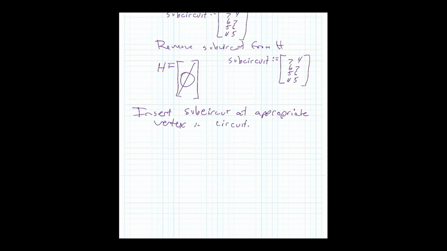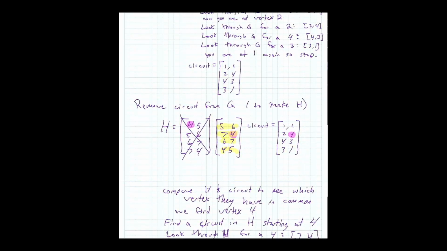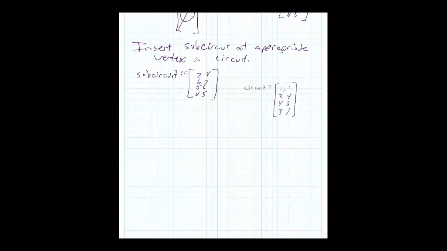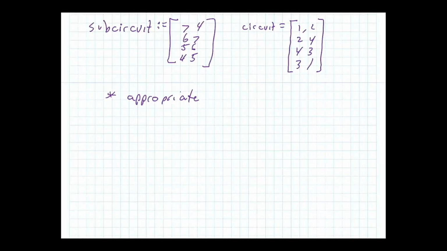This is your subcircuit. Where's the circuit? Let's find the circuit. Here it is. Here's circuit. The appropriate vertex is the vertex they share.